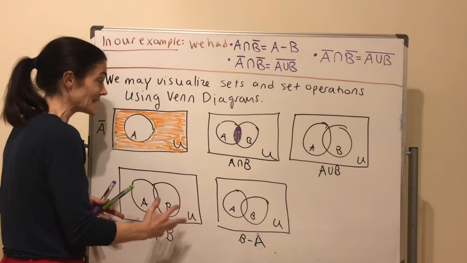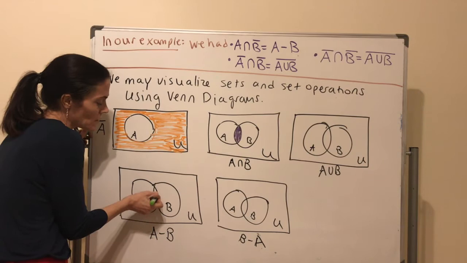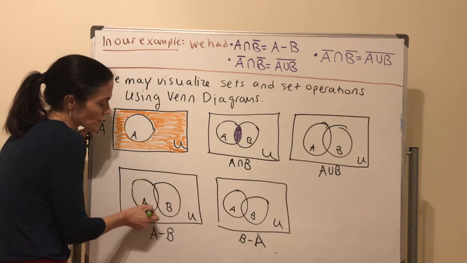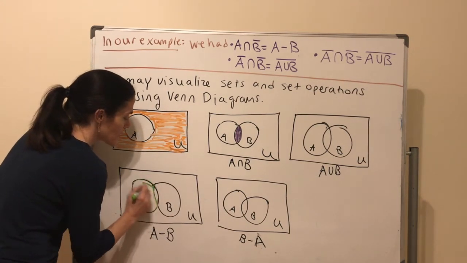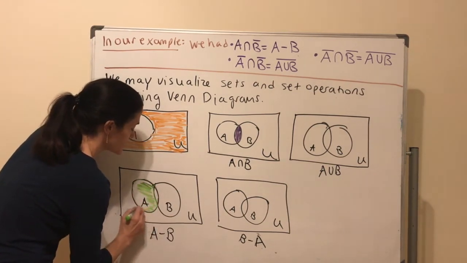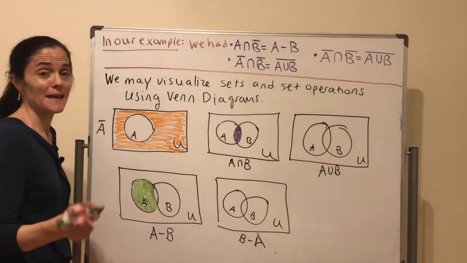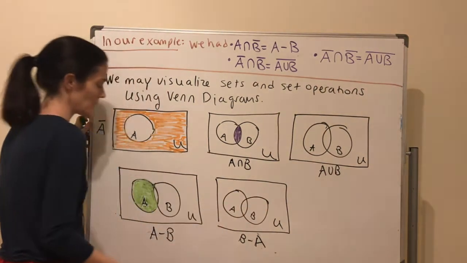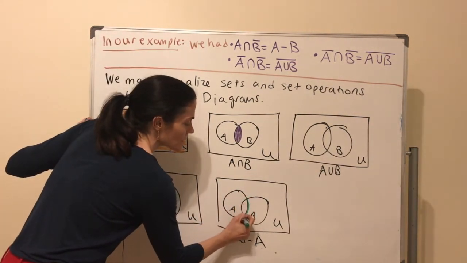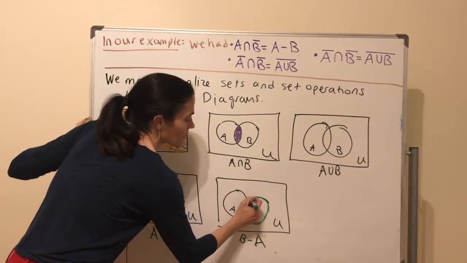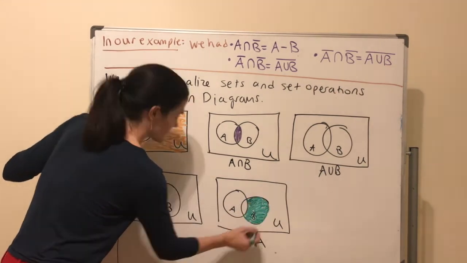For A minus B, you start with everything in A, all of this circle, but then you remove what's in B. So what we're left with is just here, the elements that are in A and not in B. Similarly, for B minus A, we would take all of B and then remove what's in A. So we would just be left with this part here. All of this is B minus A.